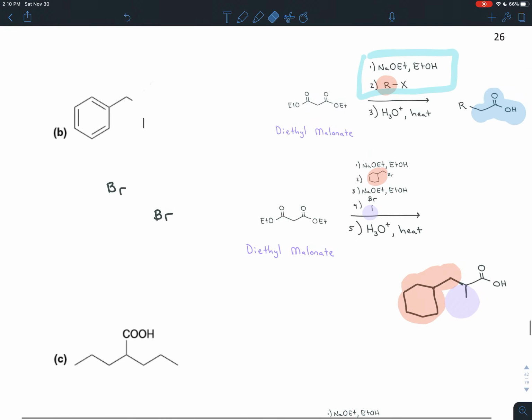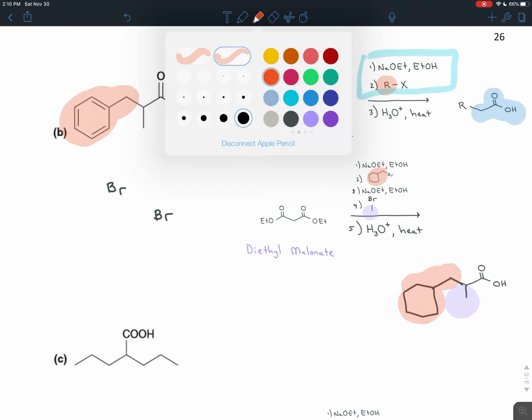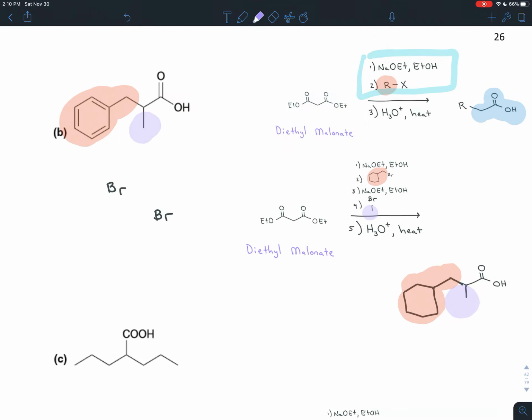If you compare that to our original molecule, you'll see that that's what we created. So we have this first R group that we added, the second R group that we added, and then the piece that came from diethyl malonate.